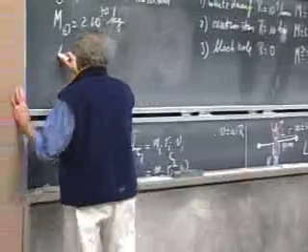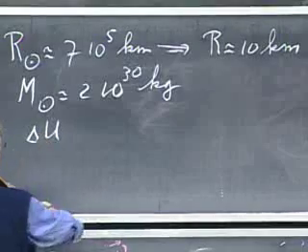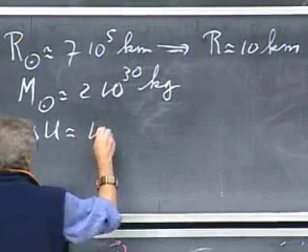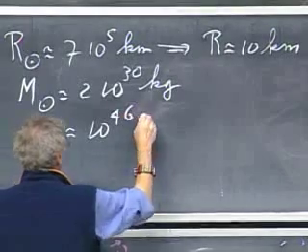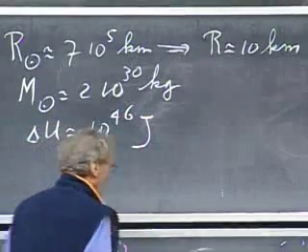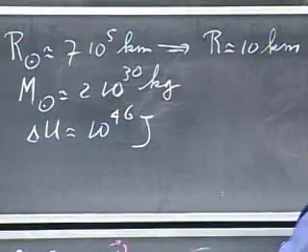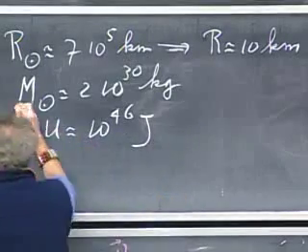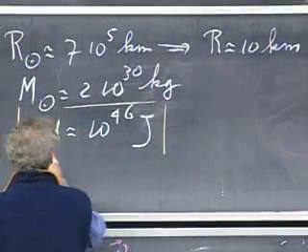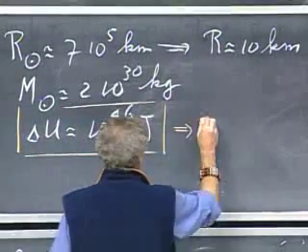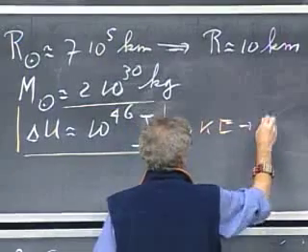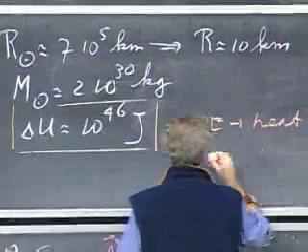I call that delta U. It is a loss of gravitational potential energy, which is about 10 to the 46 joules. And this number is truly mind-boggling. This is converted to kinetic energy, and then it is converted to heat and all forms of radiation.